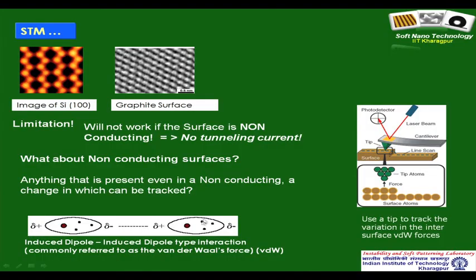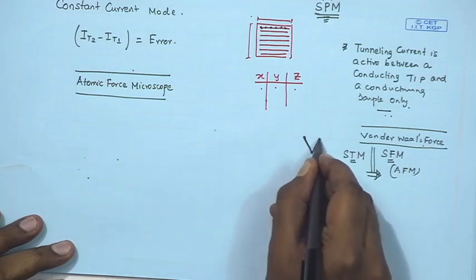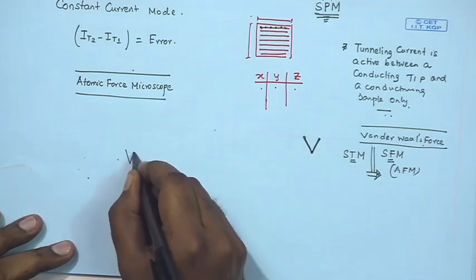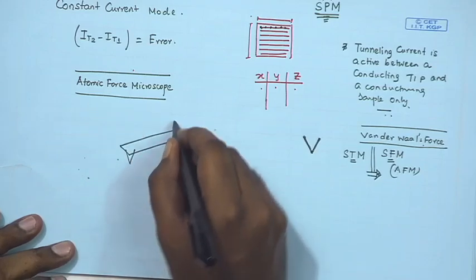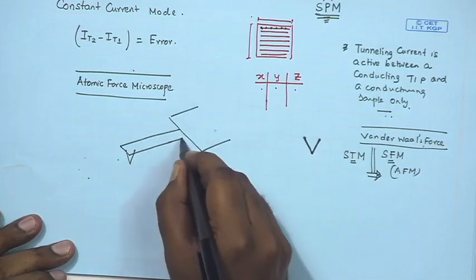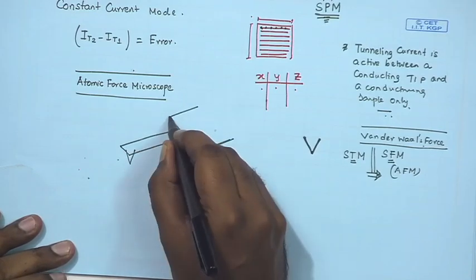But what is interesting and what becomes very exciting is how to track the variation in the force from point to point. So, we now understand this is the genesis of van der Waals force. I will stay away from this, because we already have discussed it in great detail. So, AFM, unlike a sharp metallic probe, also uses a tip, but that tip is mounted on the back side of a cantilever, and this cantilever is attached to a chip which actually is fixed to the instrument.